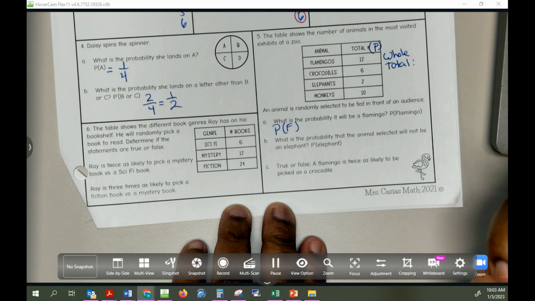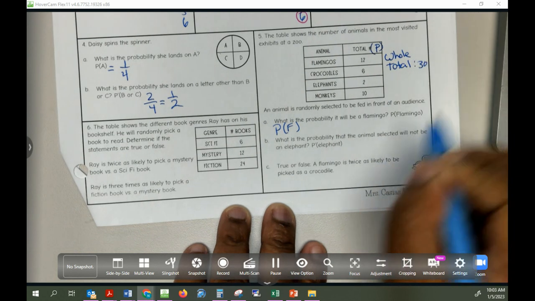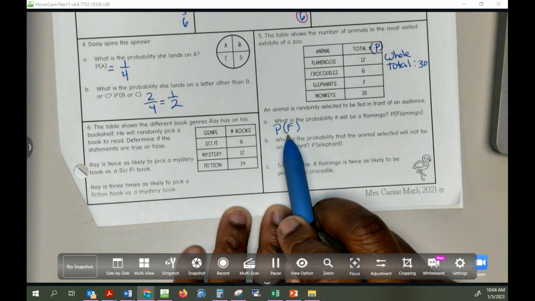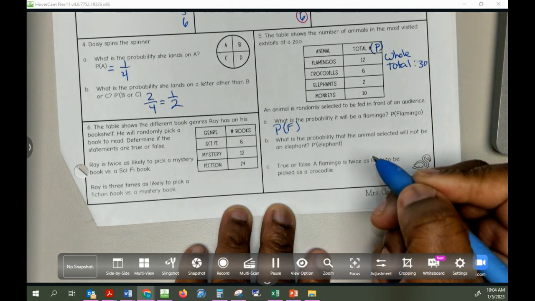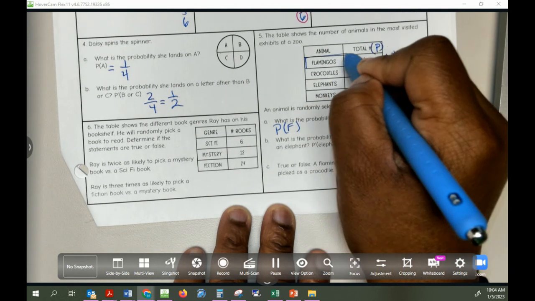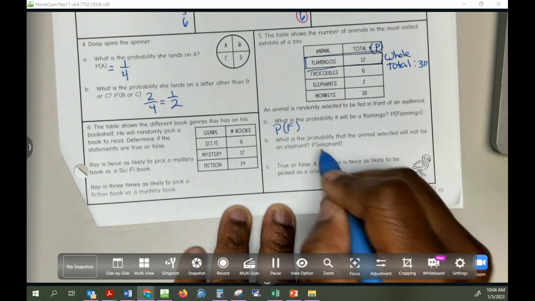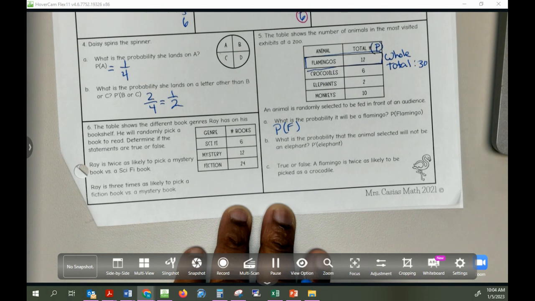What do you get, hon? 30. So our total is 30. So now, Sophia, what is our chance of getting a flamingo? What would that fraction look like? So here's our flamingo. What would that fraction look like?